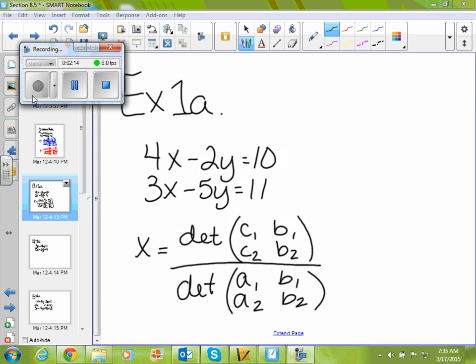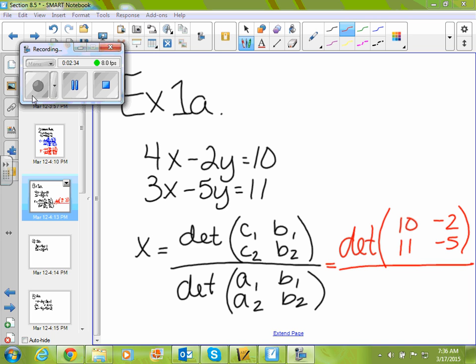Okay, so if I actually figure out what that would look like, I'm taking the determinant of my c1 is 10, my c2 is 11, my b1 is negative 2, negative 5.